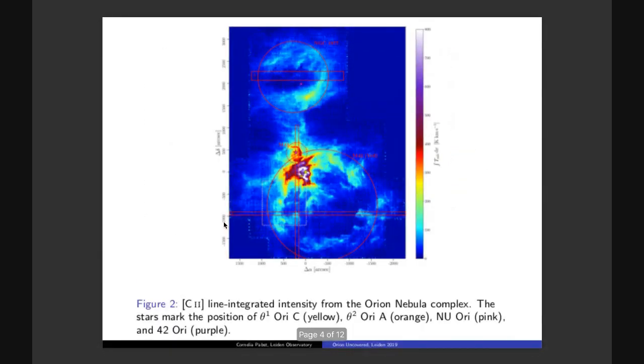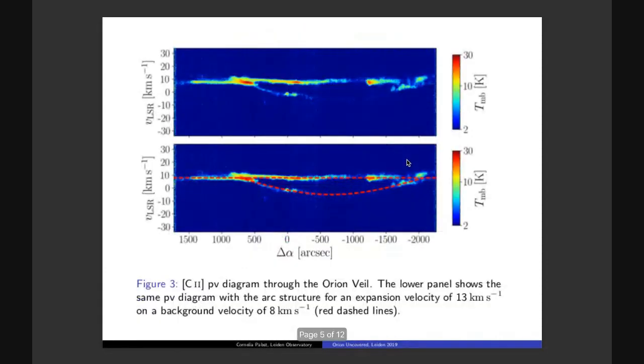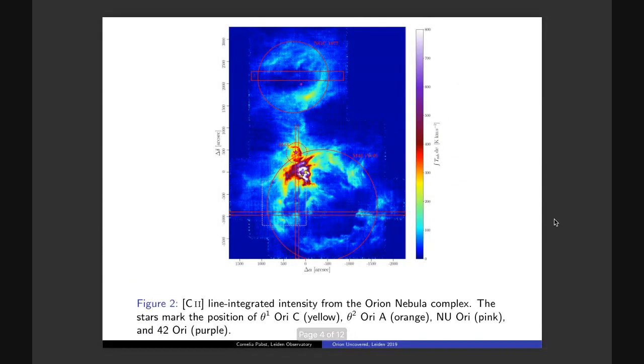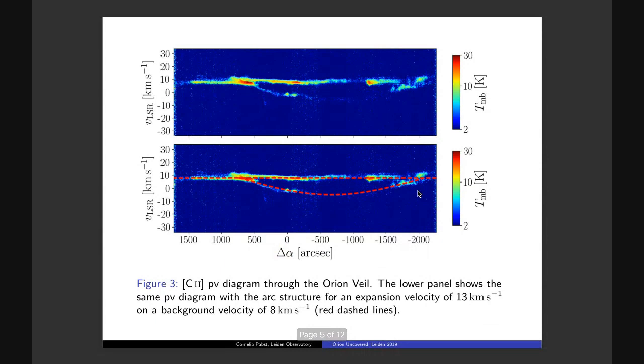We made position velocity diagrams along these cuts, and I will show them in the next minutes. This is what we first saw for the cut right through the middle of the Orion veil, M42. What you can see nicely is an arc structure, which is an indication of expansion of the gas moving towards us, because we can only see it in one direction.